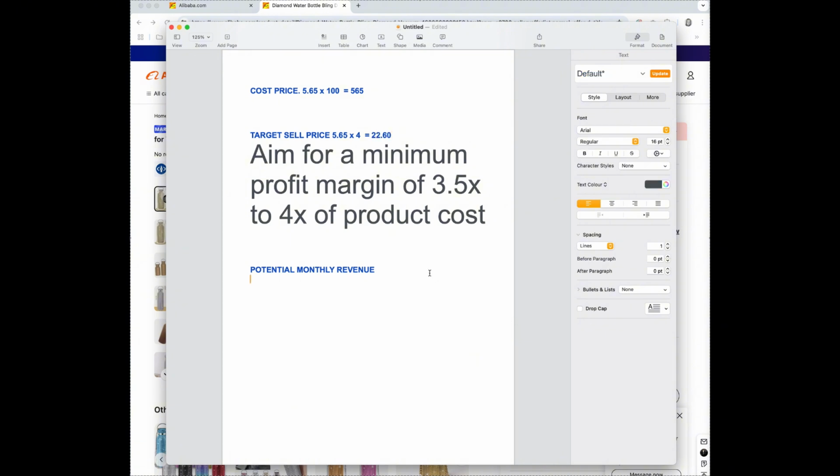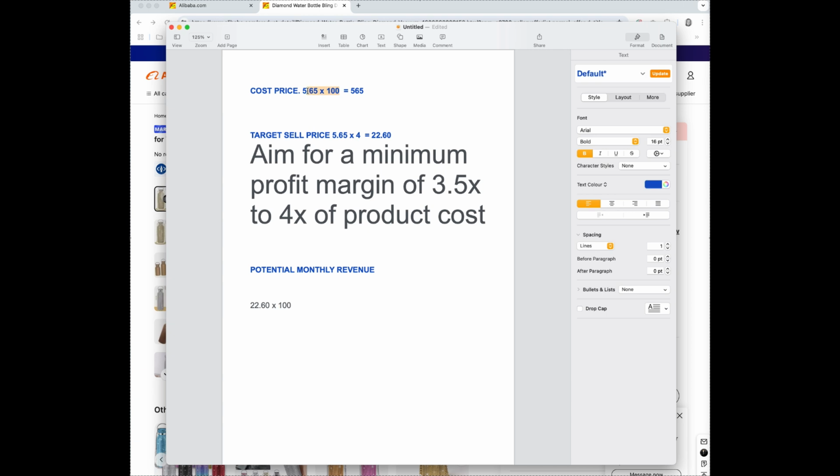Then we're going to think about monthly revenues. So in this case, we take the product selling price, which in our case now we know is $22.60, and we're going to multiply this by 100, because this is how much we actually bought.